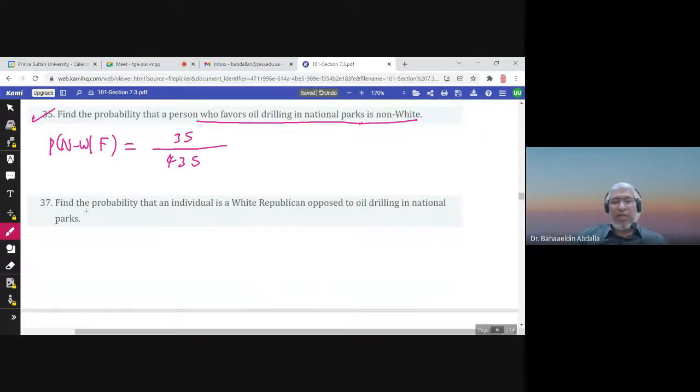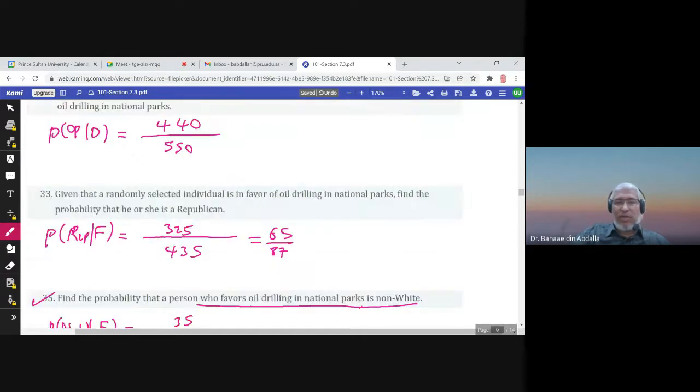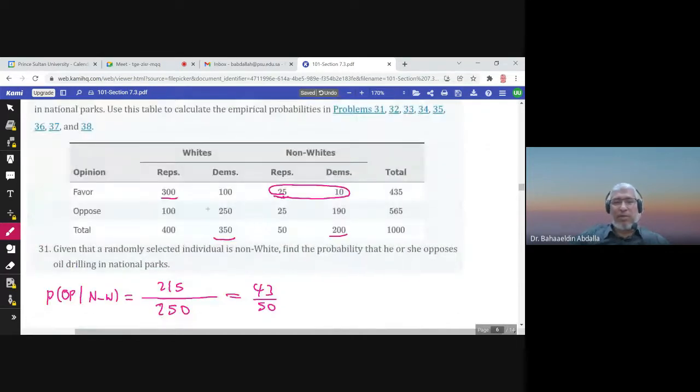Find the probability that an individual is a white Republican opposed to oil drilling in national parks. So he is a white Republican. These are the white Republicans, could be in favor, could be opposed.